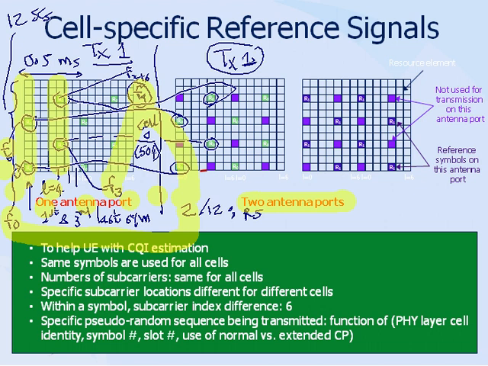Let's see what happens from the second antenna, transmit antenna number 2. We are sending again the reference signal in symbol number 0 and symbol number 4.